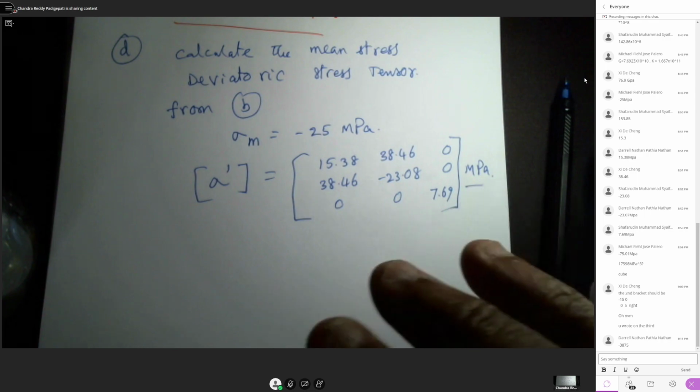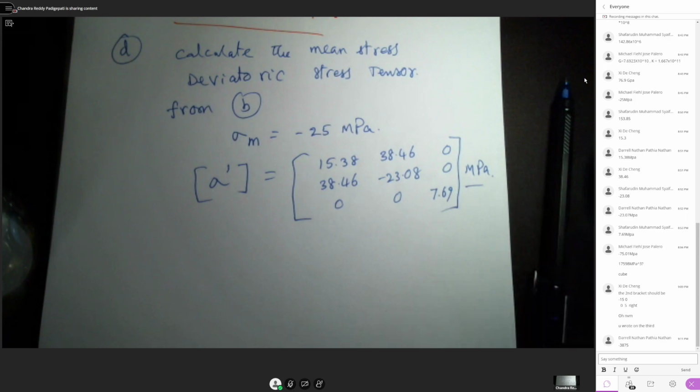For this type of question, do part A separately and part B separately. Highlight your part A answers, your part B answers, your part C answers, like that. For every question, you need to do it like that.